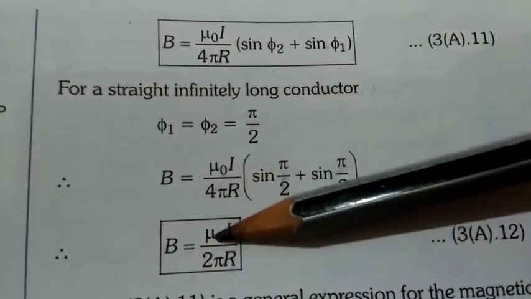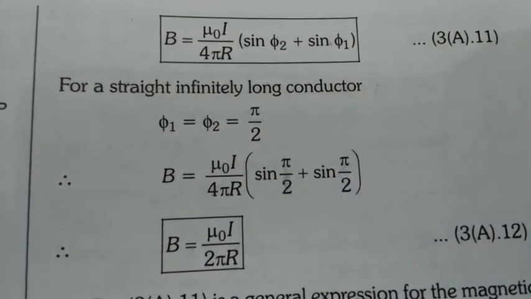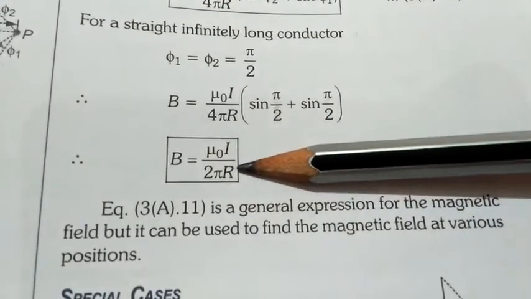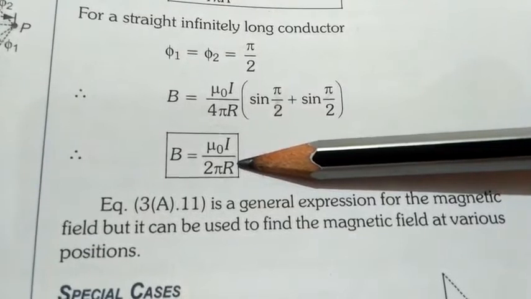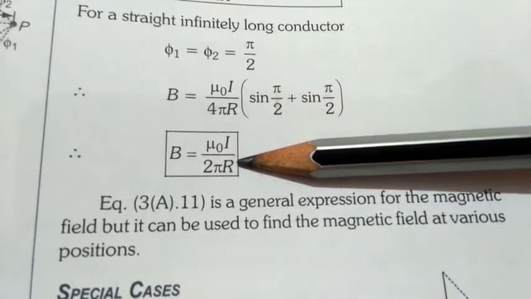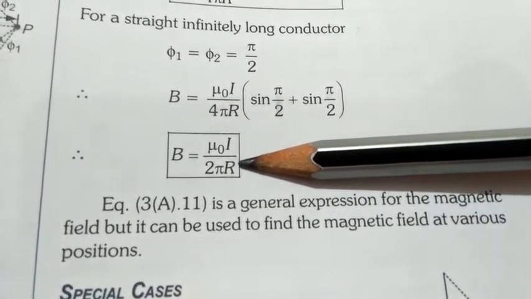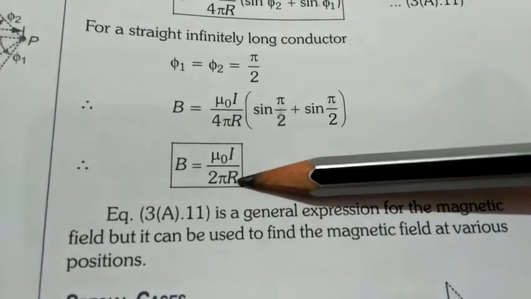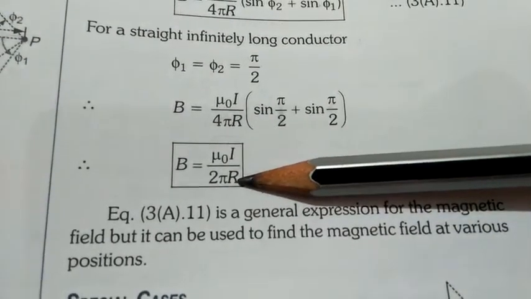B equals mu naught I upon 2 pi r. So this is our desired equation for the magnetic field due to an infinitely long straight current carrying conductor at a point located at a distance r from that conductor.